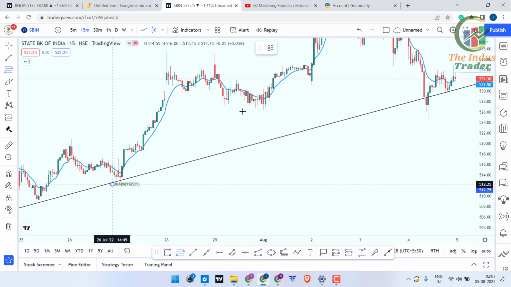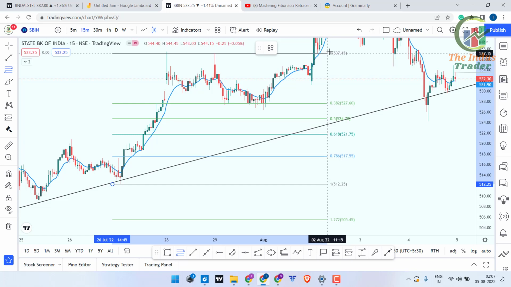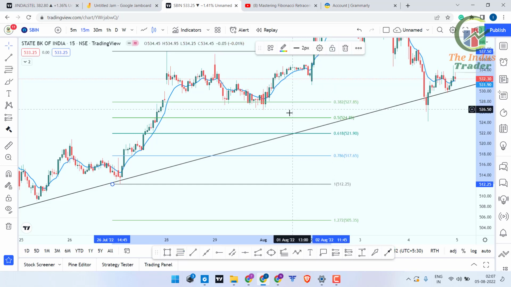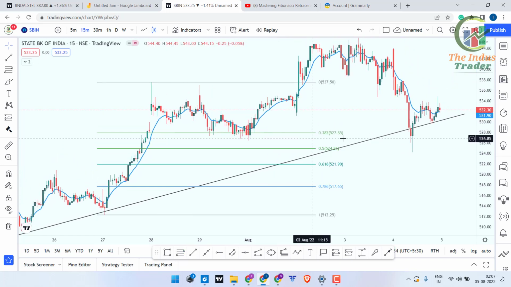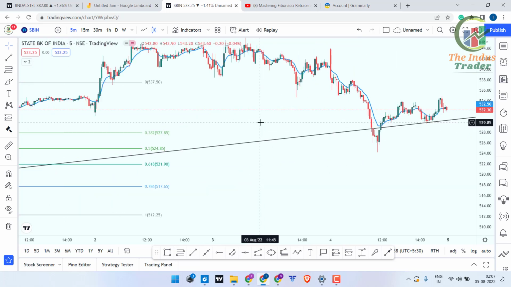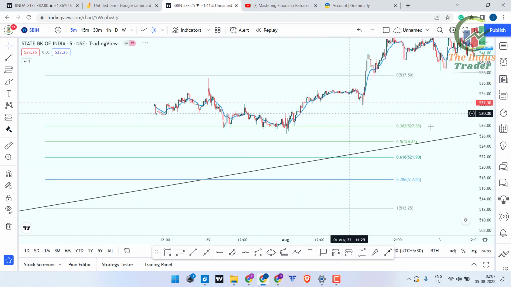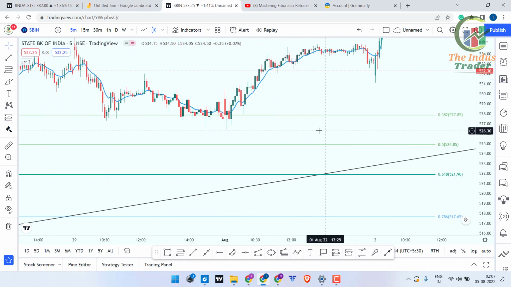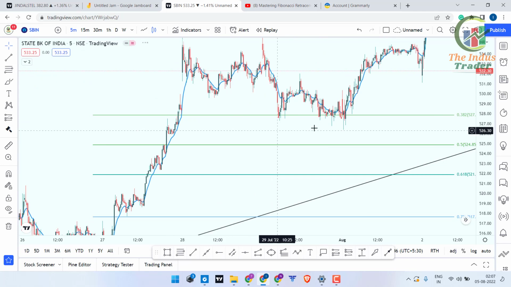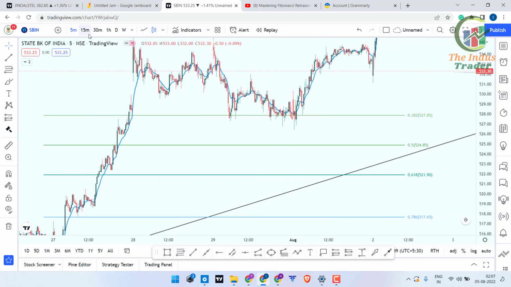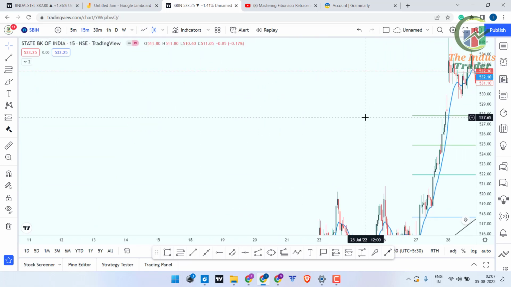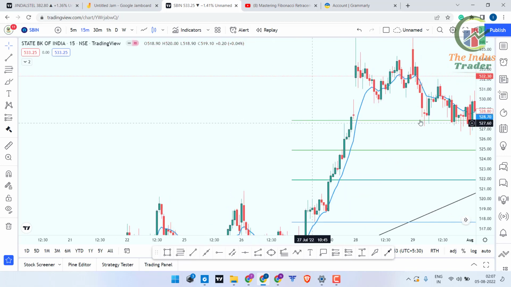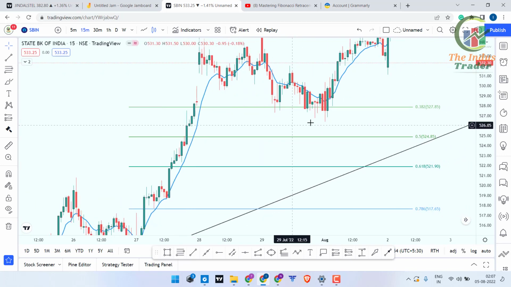Let me apply the swing high and low. And if you see here, 0.3 level is respecting. So let me switch to this time frame. And yes, if you see here, 15 minute, just if you are getting confusion for that also I will show you here.